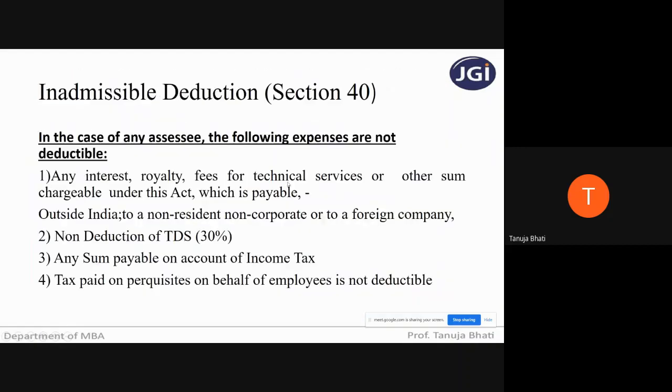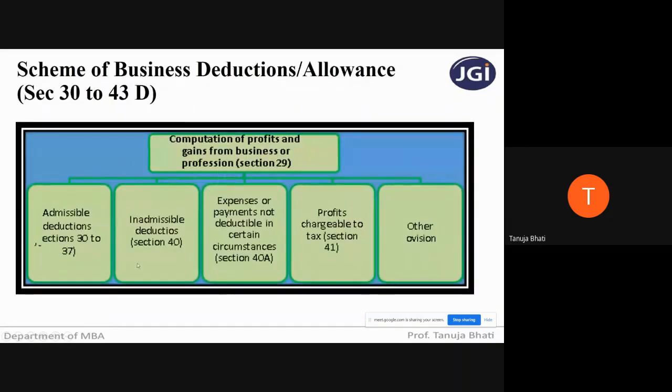So by this, we understand that there are certain admissible deductions from section 30 to 37, and inadmissible deductions which you will not get the deduction of, like in case of non-deduction of TDS, income tax. Then we saw expenses or payments not deductible in certain circumstances, like cash payment in excess of 10,000, and in case of transport operator it was 35,000.